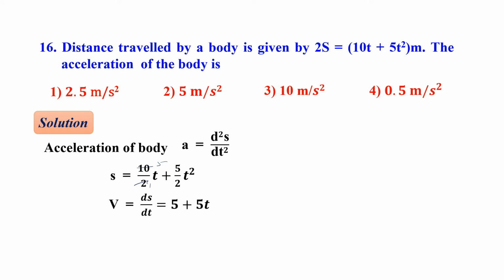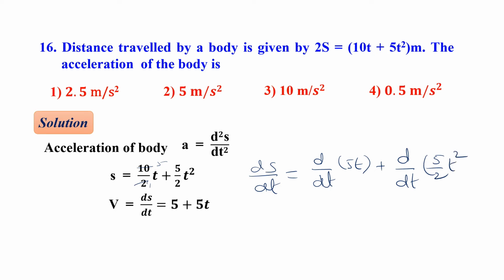Then after differentiation, ds by dt is equal to d by dt of 5t plus d by dt of 5 by 2 t square. So d by dt of 5t, 5 is a constant, and dt by dt is 1.